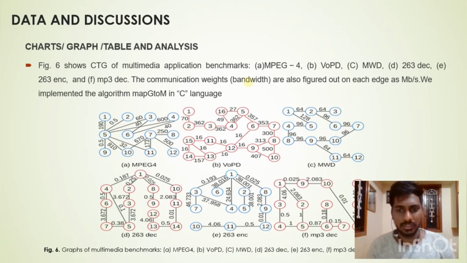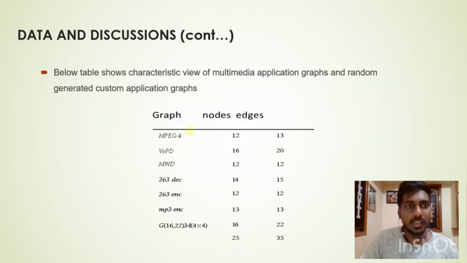There are six figures, but we don't want to consider all six. At least one figure we want to see in depth: MPEG 4. I can explain MPEG 4 easily, although explaining everything might take half an hour. I will explain as quickly as possible.